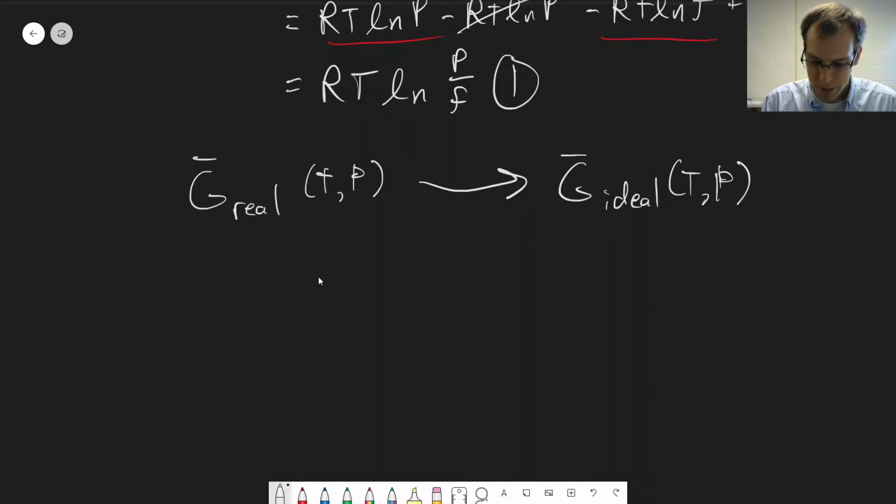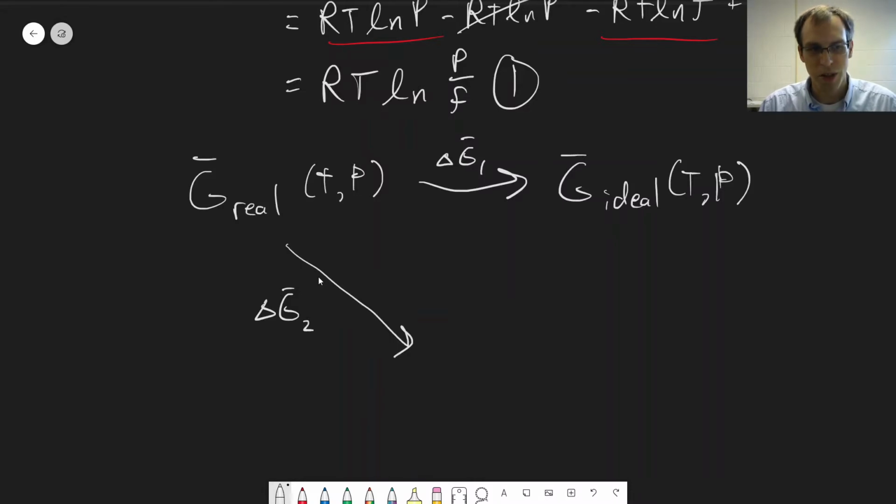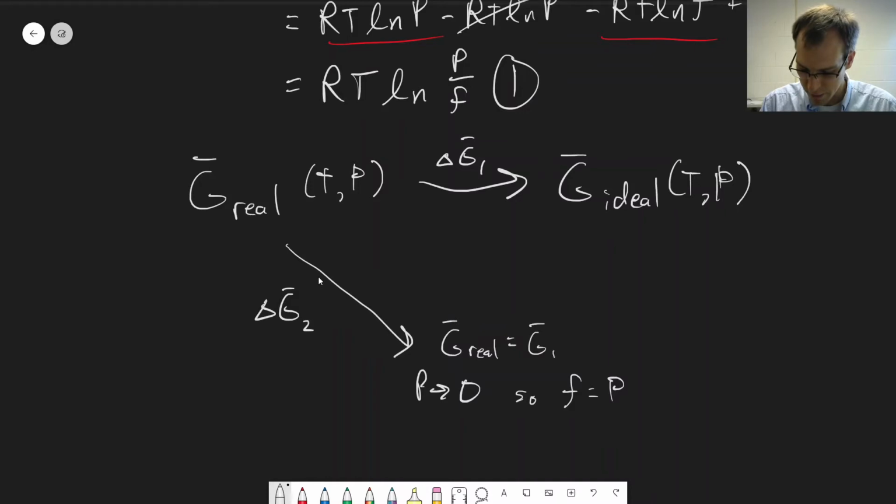But let's imagine we have an alternative process, and this has delta G bar 1. An alternative process has its own changes in Gibbs energy, where we decrease the pressure to some arbitrary value where P approaches 0, so that fugacity and pressure are equal. At that point, G bar real equals G bar ideal.